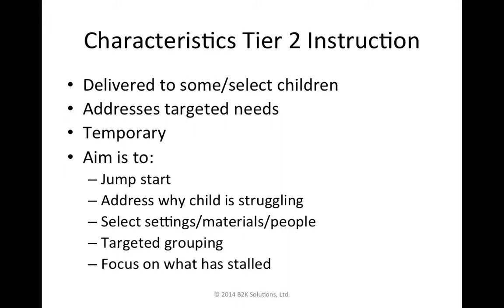And so our attempt is to jumpstart, to help this child who is struggling or whose development has stalled with a little bit more focusing, a little bit more laser precision, if you will. We don't just kind of let it go anywhere on all things to anyone. We're a little bit more focused. We're going to come in with a little more intentionality, a little more frequency, and it's going to be specific to these targeted needs of a subgroup of children.